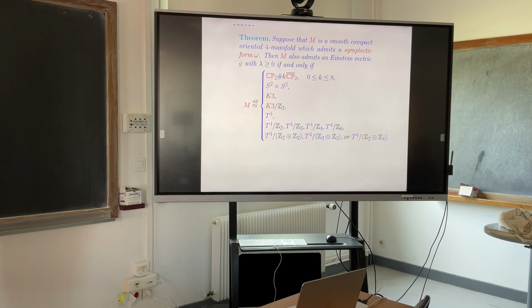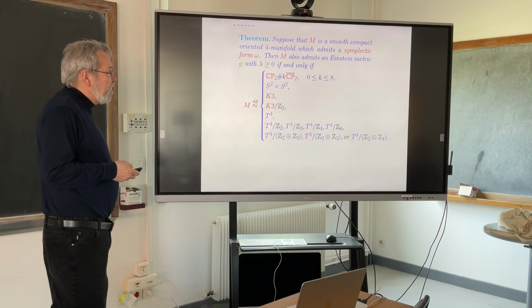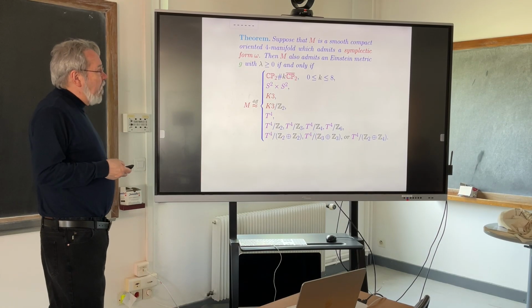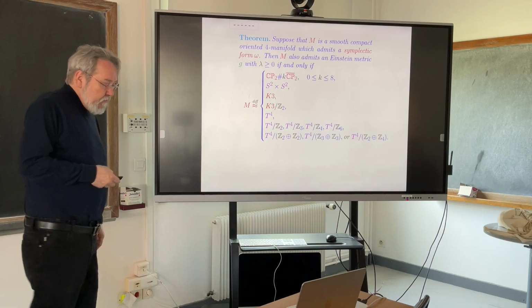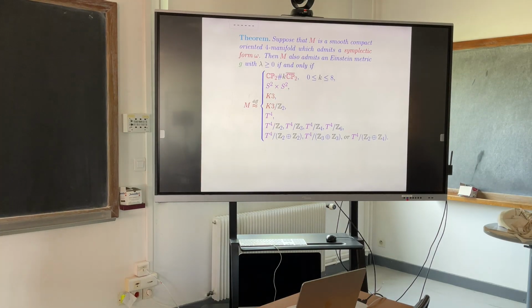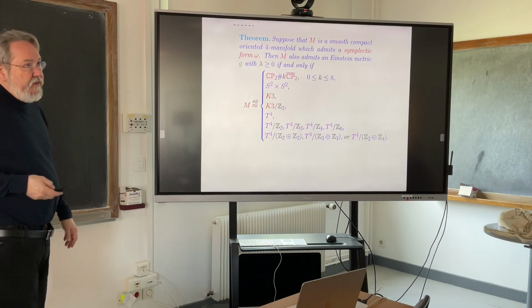The interesting point, and I will be giving you a bibliography to go read more about these things: you can also understand the problem if you impose the existence of a symplectic form on your manifold. So this is not a classification. If you just say which smooth manifolds admit Einstein metrics with lambda greater than or equal to 0, we have no way of answering that yet.